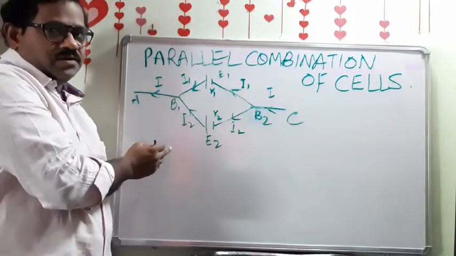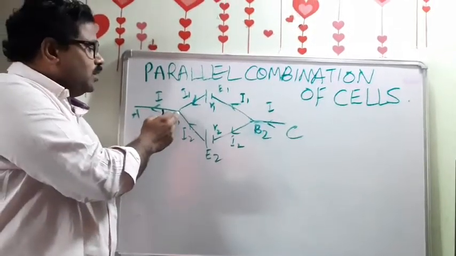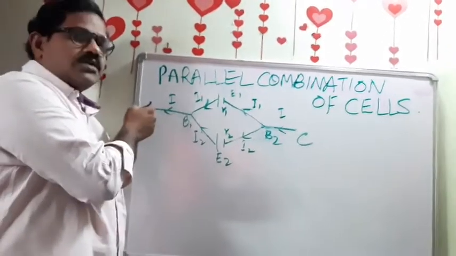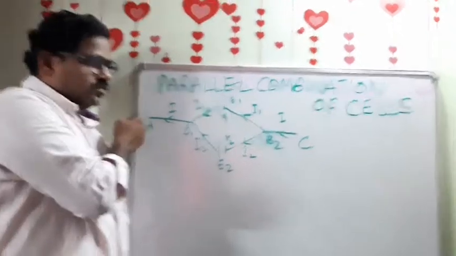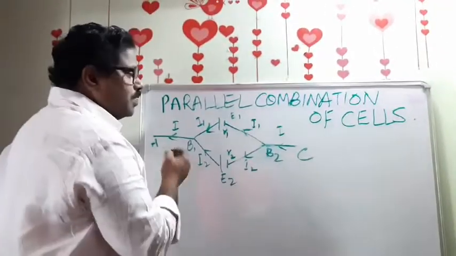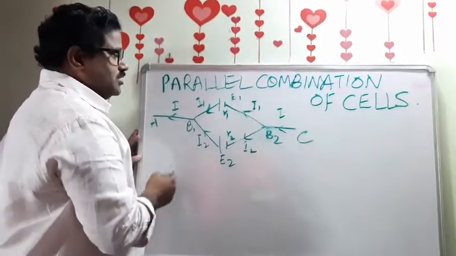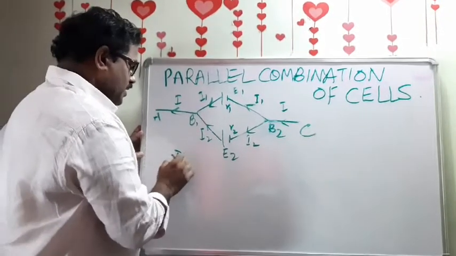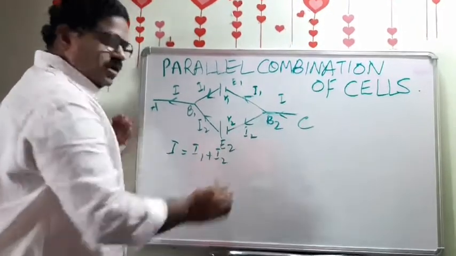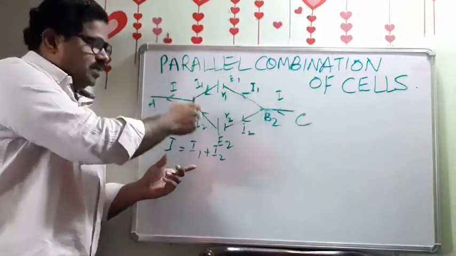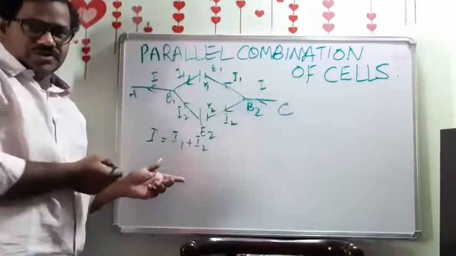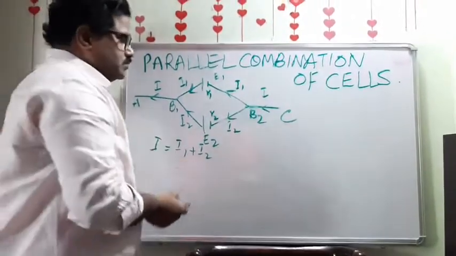As per the electrical junction rule, the total current coming to a junction is equal to the total current going out of it. So we clearly understand I equals I1 plus I2. Is that clear? I1, I2 coming, or I getting split into two parts, I1 and I2.